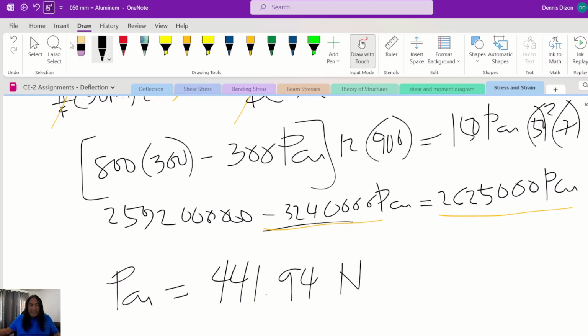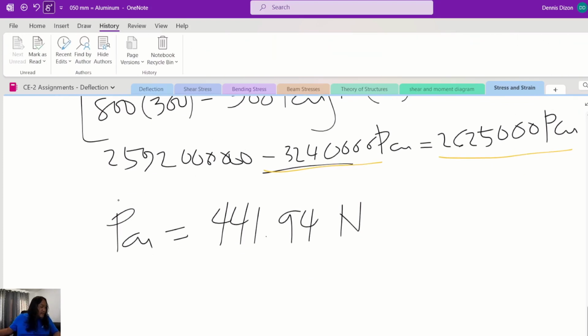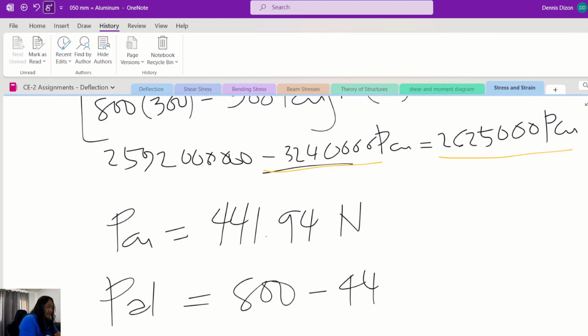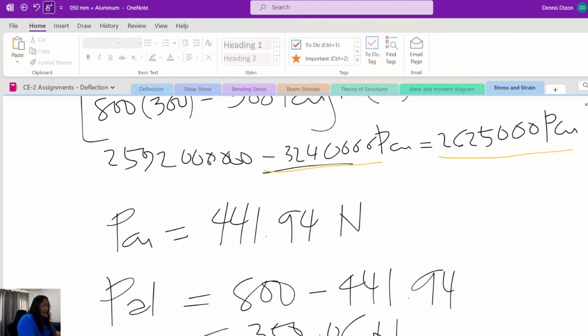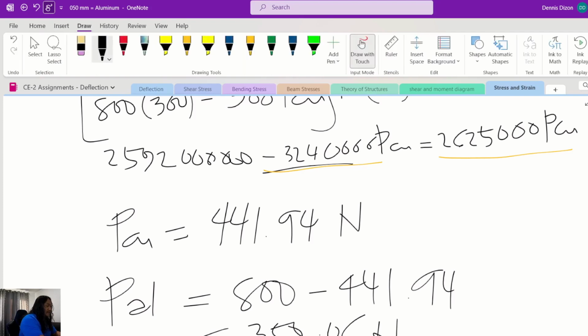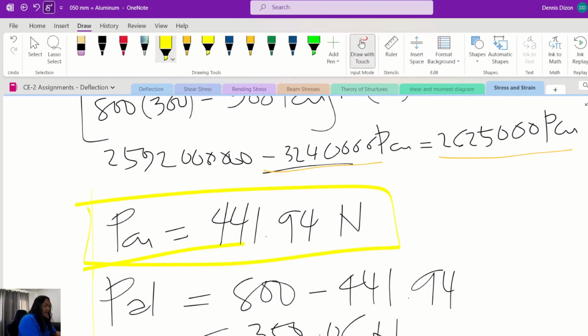And then from equation 1, P aluminum is equal to 800 minus 441.94, which is 358.06 Newton. So this is our force for the copper, and then this is for the aluminum.